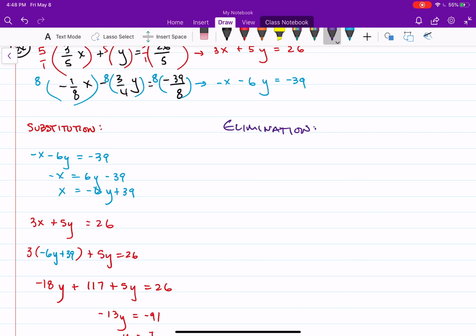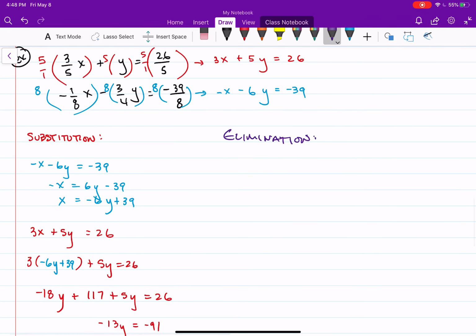Okay, so I have 3x plus 5y equal to 26. Negative x minus 6y equals negative 39. How about this? Let's just multiply this bottom one by a 3. Ooh.